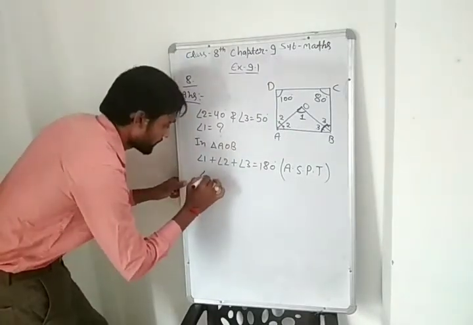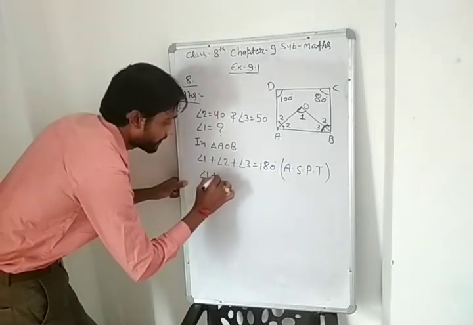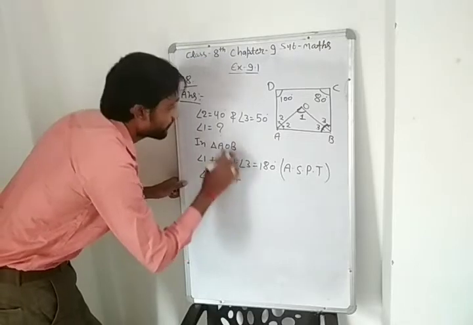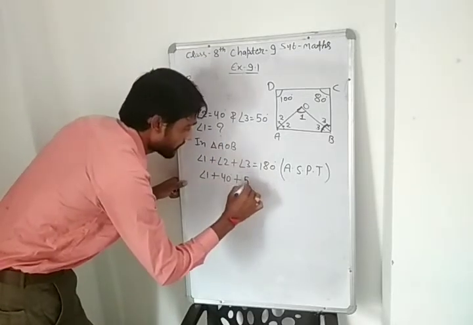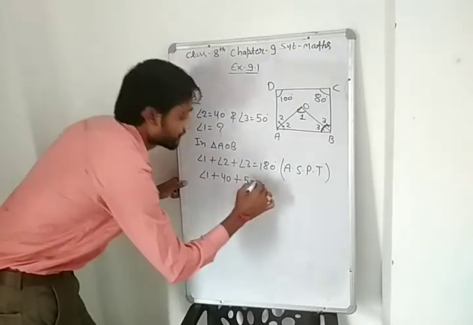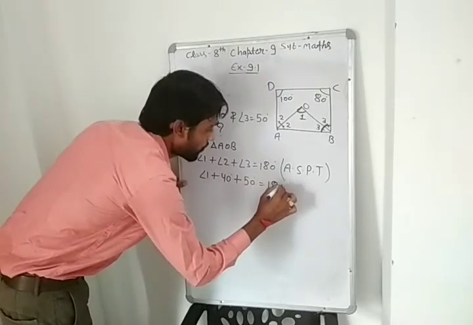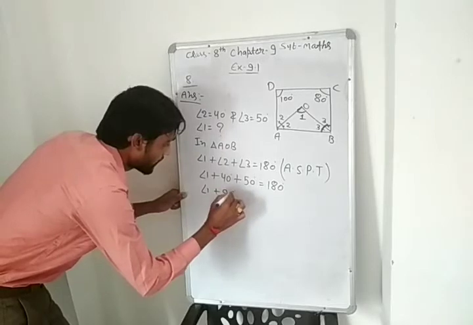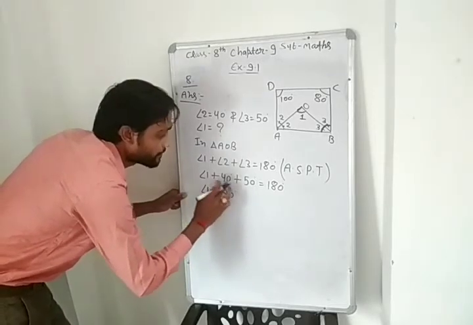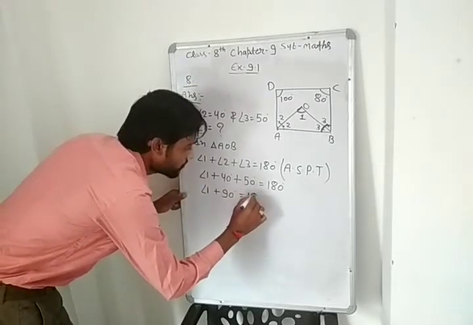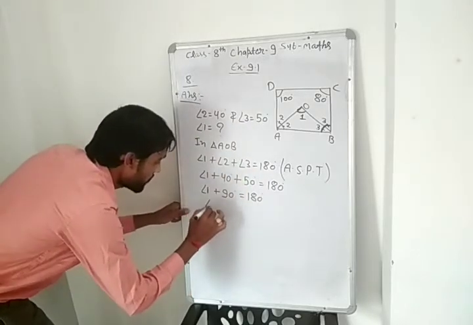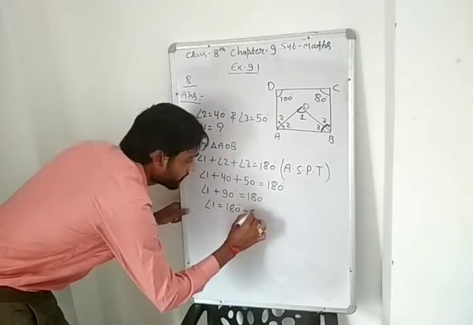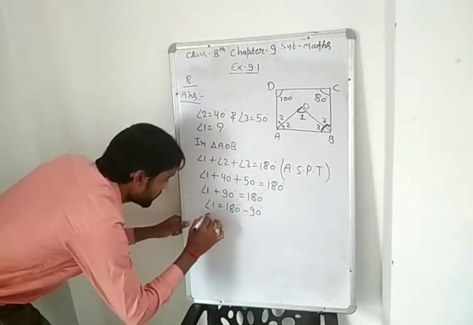Unknown, so we will write here angle 1 as it is, and the value of angle 2, that is 40 degrees, and the value of angle 3, that is 50 degrees, equal to 180 degrees. Angle 1 plus 90 degrees, we add 40 plus 50, is equal to 180 degrees. Now angle 1 is equal to 180 degrees minus 90 degrees.